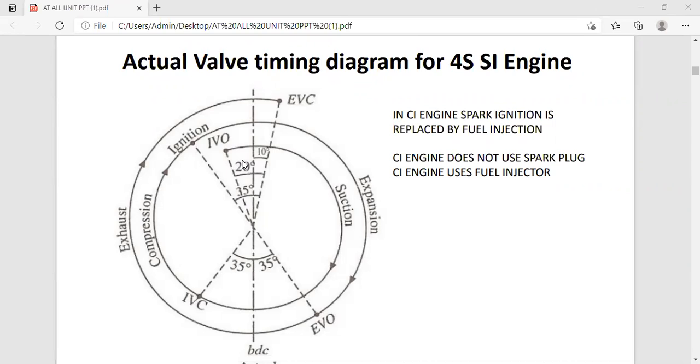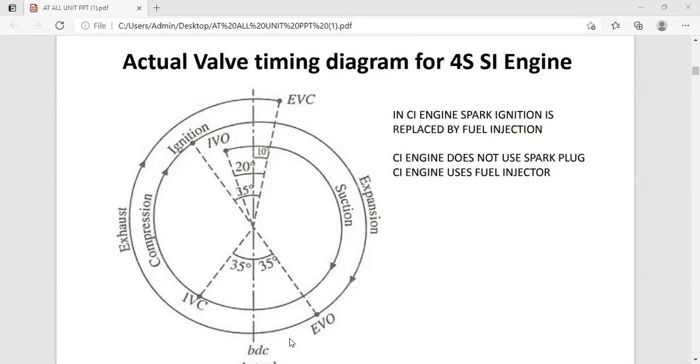The kinetic energy of the charge produces the ram effect, which forces more charge to be admitted into the cylinder. So the inlet valve for slow speed and high speed engines is opened before TDC. Opening the inlet valve during the exhaust stroke ensures that the inlet valve will remain fully open and fresh charge starts to flow into the cylinder as soon as the piston starts moving from TDC to BDC.